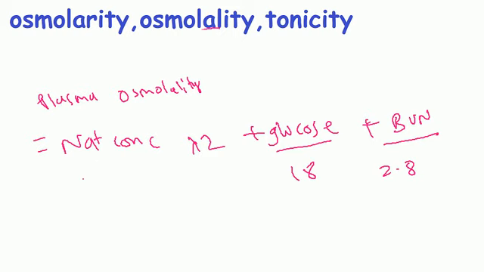The sodium concentration is in milliequivalents per liter, and glucose and blood urea nitrogen are in milligram per dl.